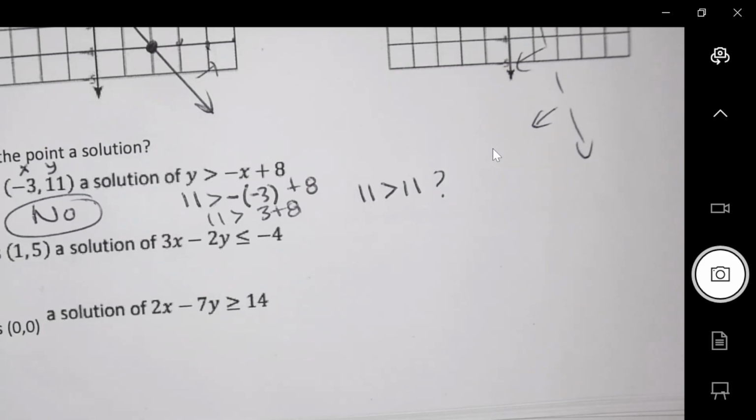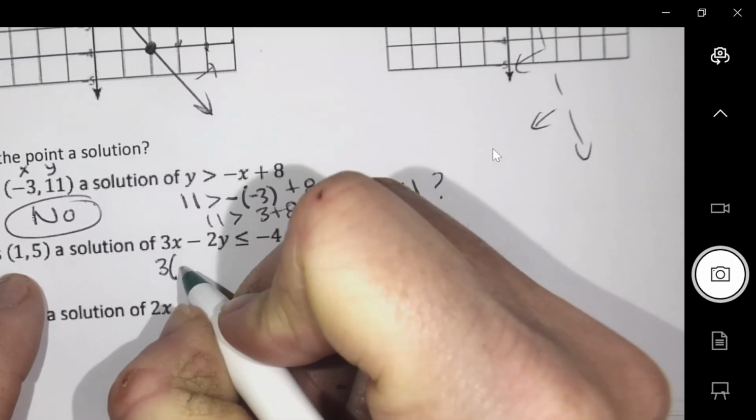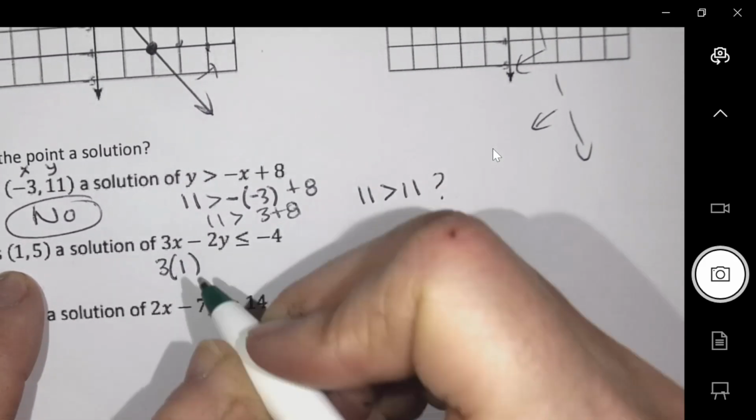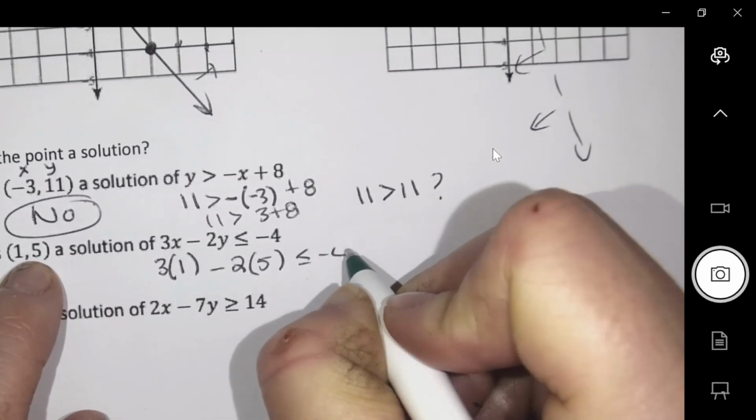Okay, is 1, 5 a solution? So I'm going to replace the x with a 1. The y gets replaced with a 5.